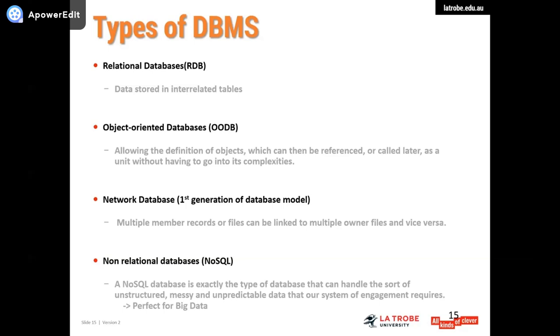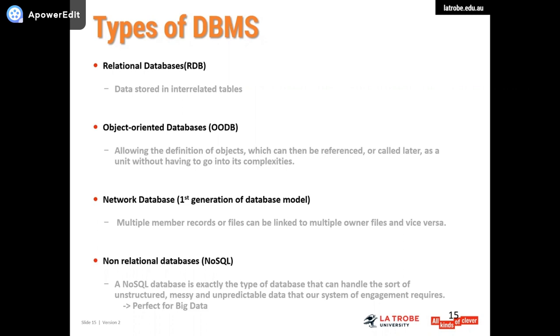Second is object-oriented databases, short for OODB. As the name implies, the main feature of object-oriented databases is allowing the definition of objects, which are different from normal database objects. Objects in an object-oriented database reference the ability to develop a product and then define and name it.